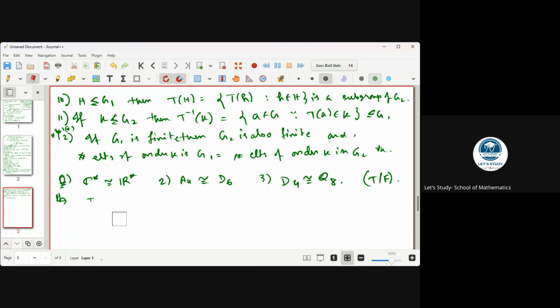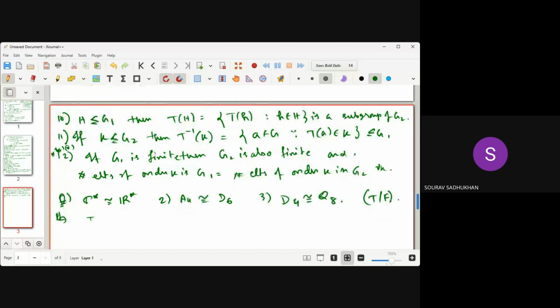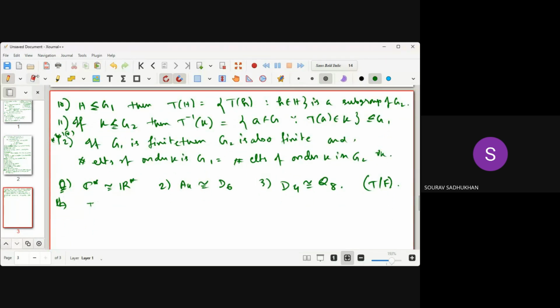Try to use the property: in C star there are at least 4 solutions of the equation x to the power 4 equals 1, namely plus or minus 1 and plus or minus i, but in R star x to the power 4 equals 1 has exactly 2 solutions.